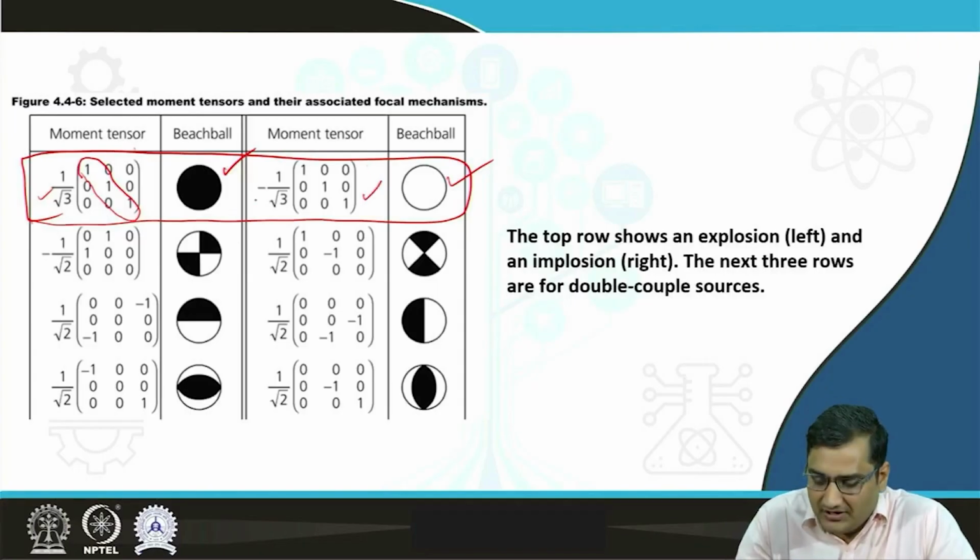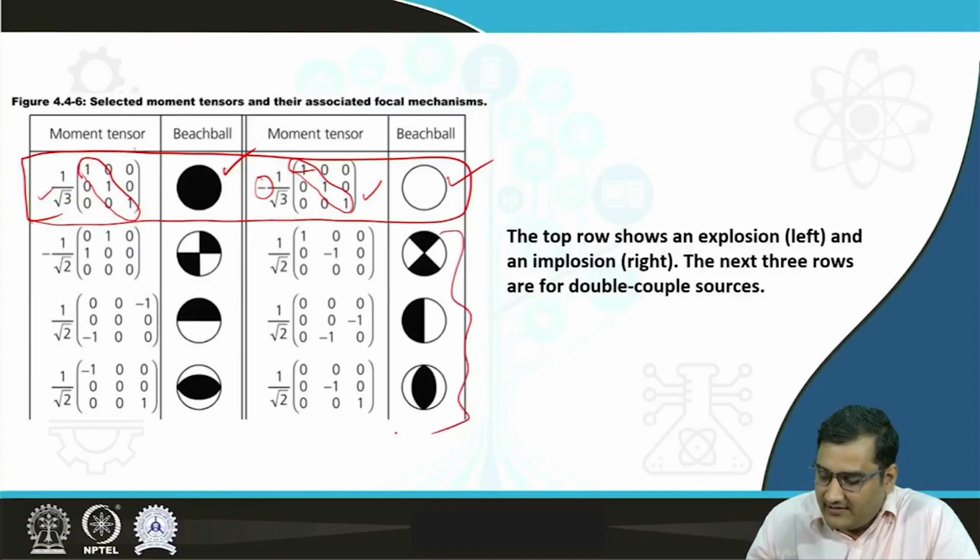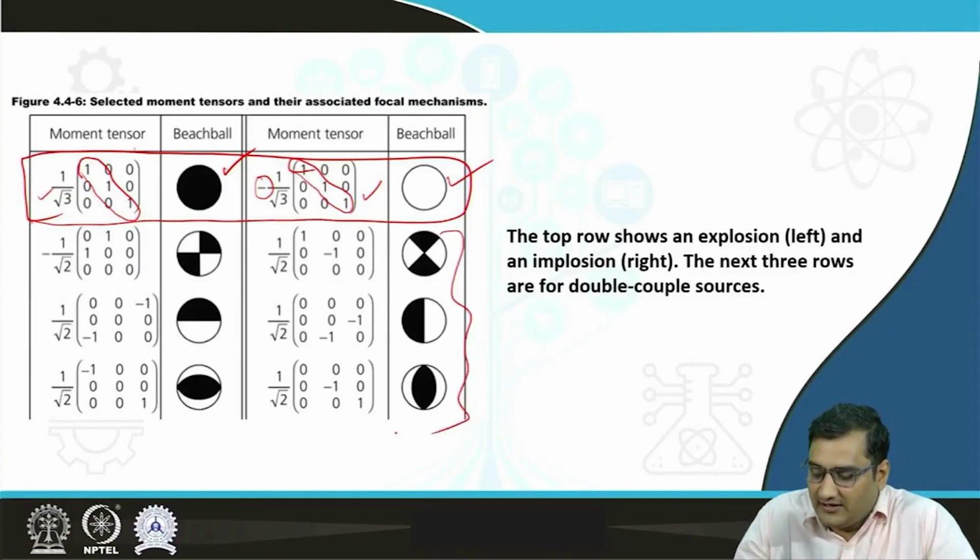You can see there are negatives here, indicating that the triple dipole consists of forces coming in the inward direction. The other ones here are for the double couple sources: this one is for the right lateral strike slip fault, this one is for the left lateral strike slip fault. Similarly, others are for the normal and reverse faults.